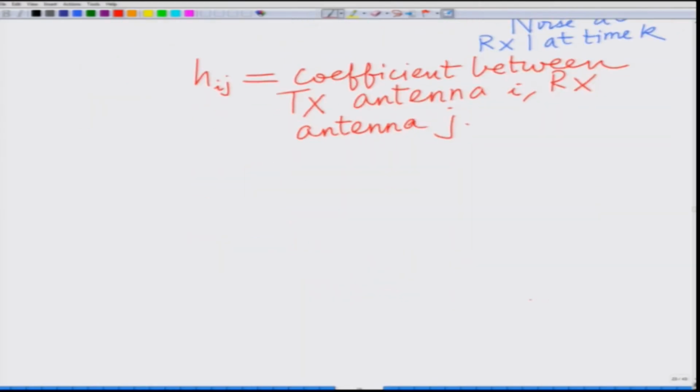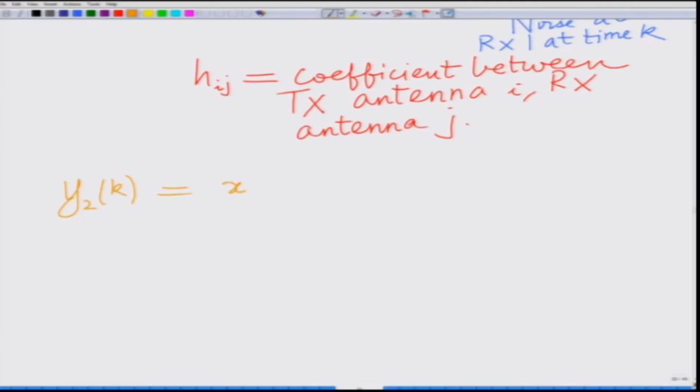Similarly, I can write y2k, the symbol received on receive antenna 2, alright. Y2k is the symbol received on receive antenna 2 at time instant k. Remember, we have R receive antennas, so at any point of time k we have R received symbols y1k, y2k up to yRk.